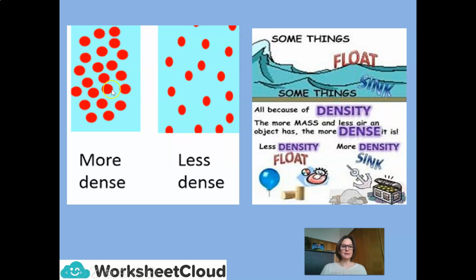Over here you can see it: more density, it will sink. The opposite is the less mass and the more air an object has, the less dense it is, and then it causes it to float. I hope that made sense to you.